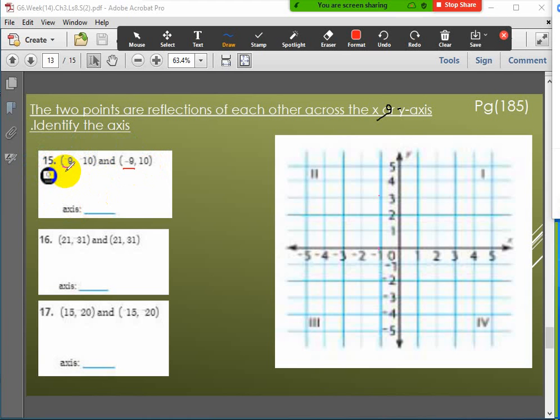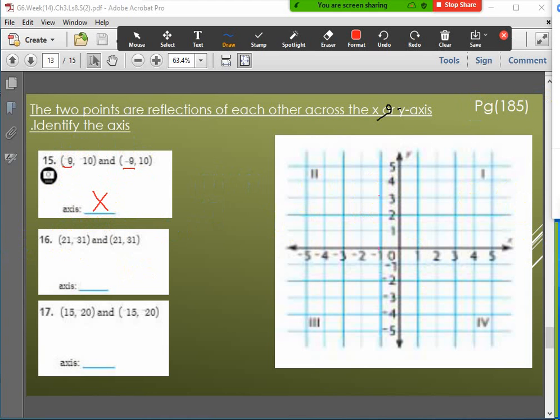This coordinate is X or Y? X. That means the line of symmetry is what? X, very good. So girls, I told you when I have the same coordinate, here x is the same and the y is the opposite, that means x is the line of symmetry. If the y is the same, that means y is the line of symmetry. You have to save that. No need to draw each time.